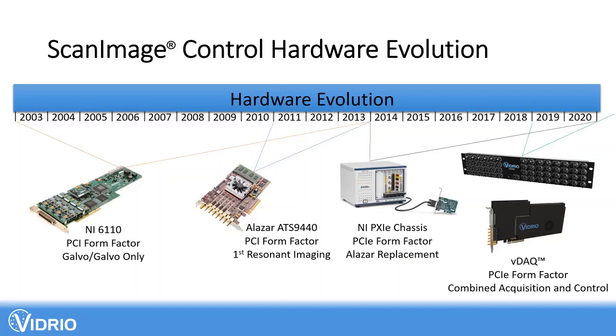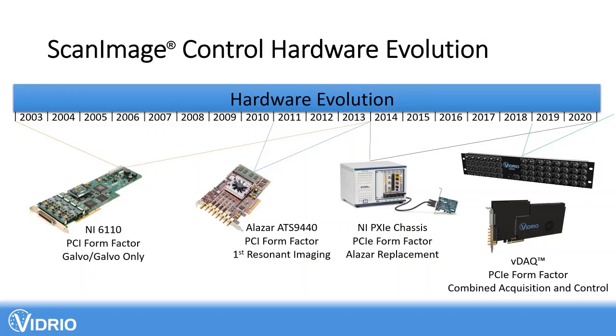SI4 was based on this Alazar card, which is also a PCI form factor. Then, to really make it more flexible, as we launched the initial ScanImage at Vidrio, we decided to go with this NI PXIe chassis, which has a lot of positive things.